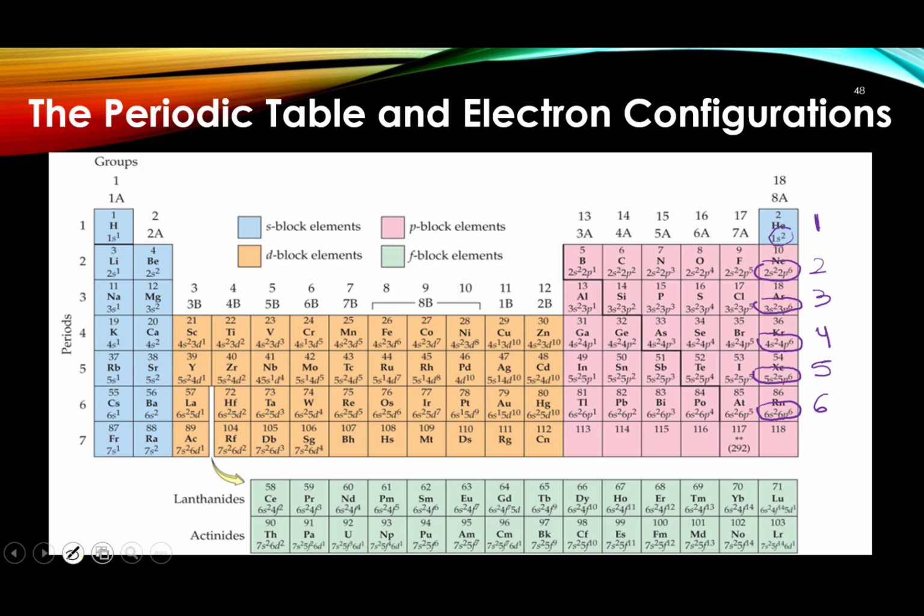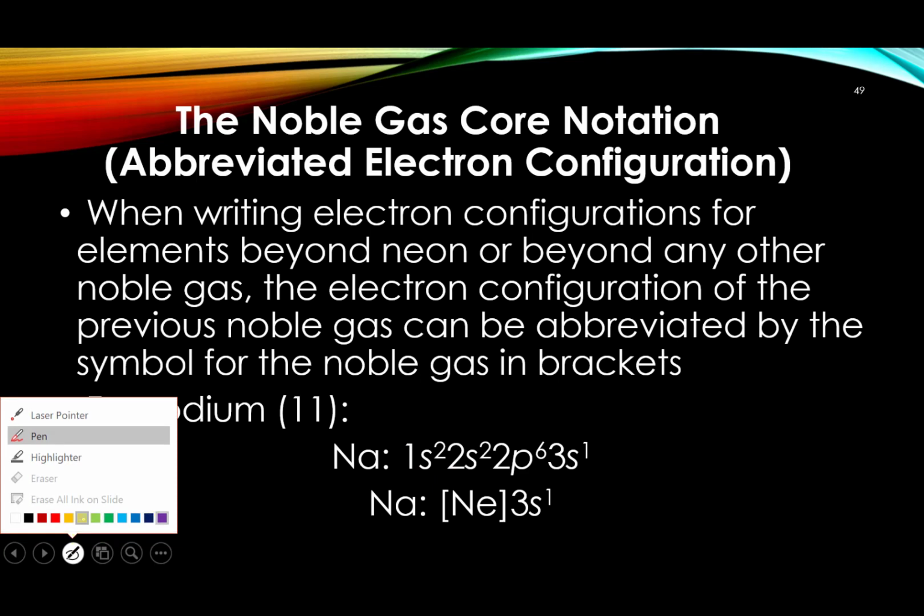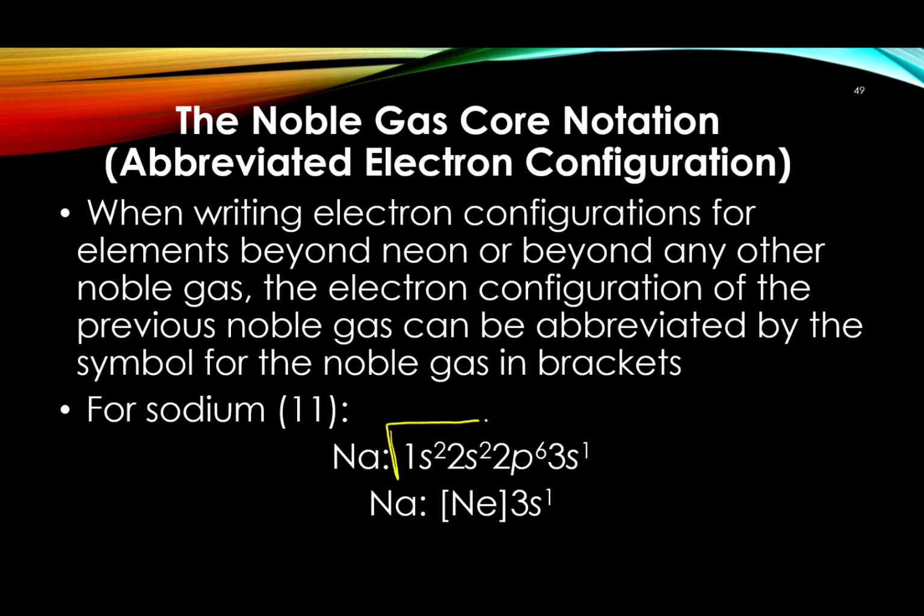It's neon. Then up to here, that will be the electronic configuration for neon, which I write. And the rest will be for sodium. This is how we write the noble gas core notation for sodium.